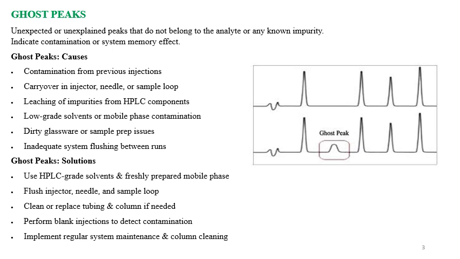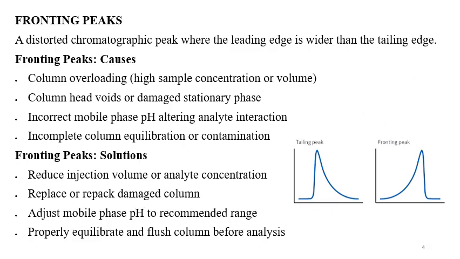Implement regular system maintenance and column cleaning. So you might have understood what ghost peaks are, how they can come, and the solutions. Use clean glassware, use freshly prepared mobile phase, and try to find out the reasons for contamination.